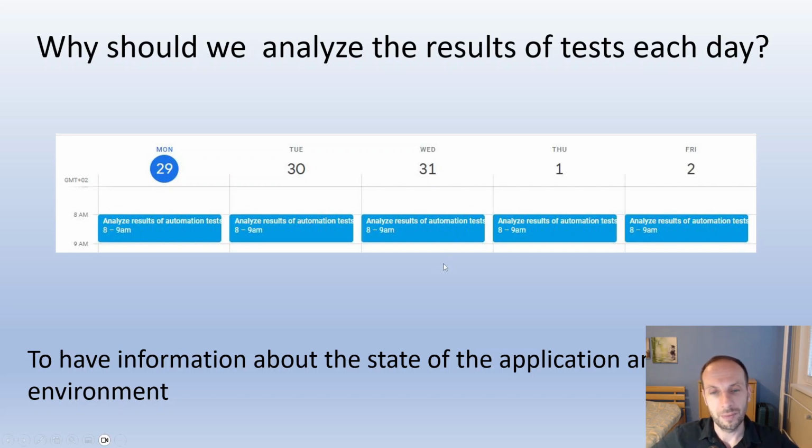Because anytime we should be able to answer the question, what's the state of the application, what's the state of the tests, are we able to release, how many bugs do we have in the application found by automation, what are these bugs about, are they blockers or not, and so on. Is our environment ready, for example, for the next deploy of a new version? Daily analysis of the results will help us to answer these questions.